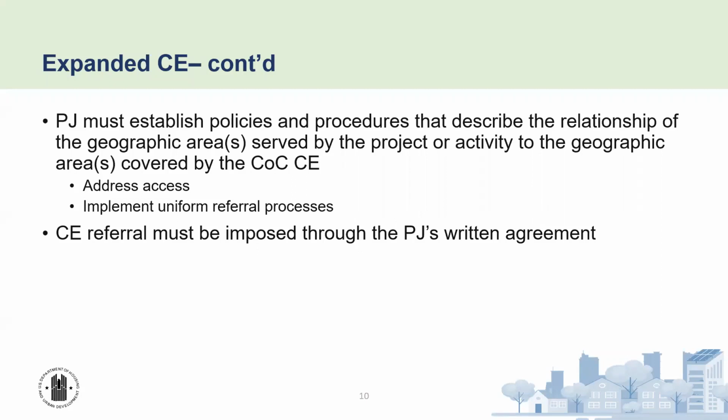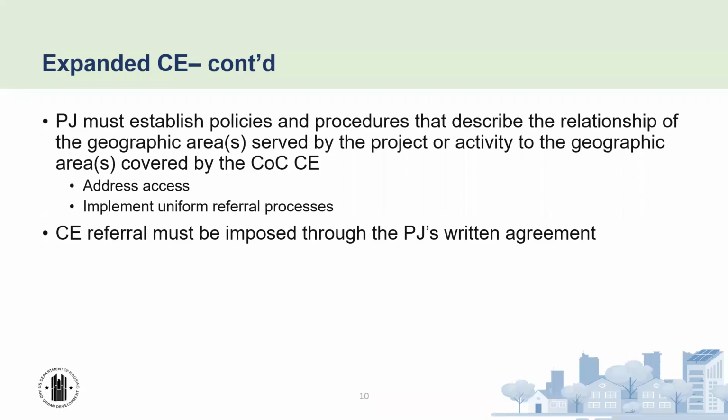So the key things your policies and procedures must cover are access, and how you're implementing a uniform referral process. CE referrals must be imposed through the PJ's written agreement. Again, this is really, really important.